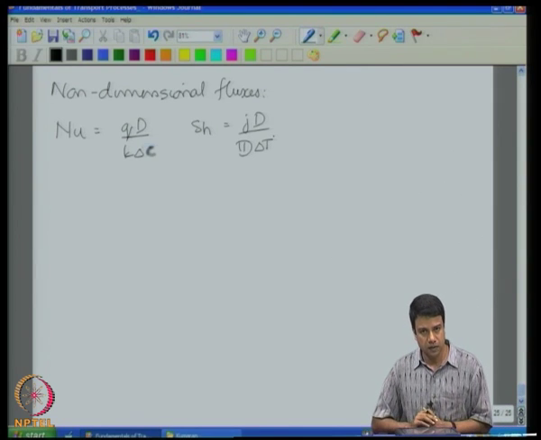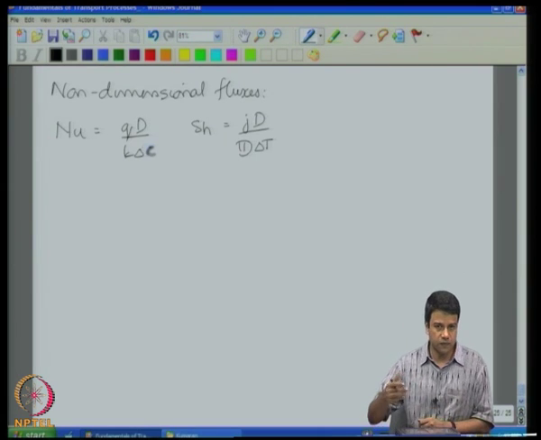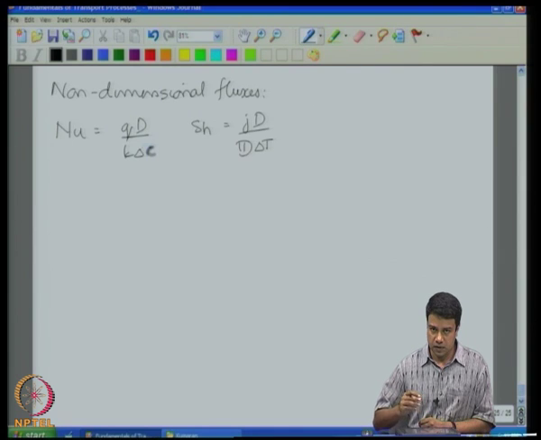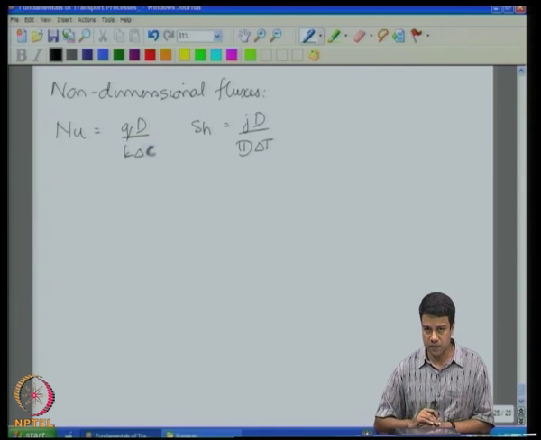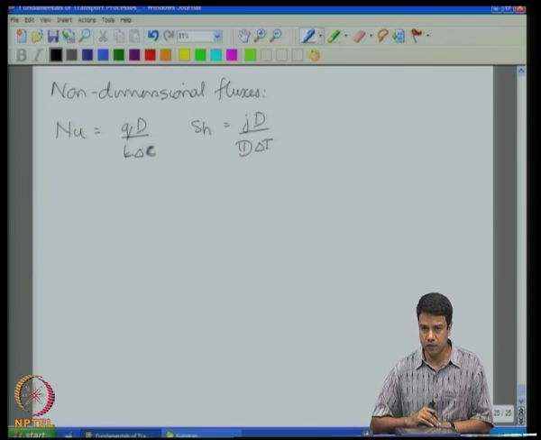So, for heat and mass transfer problems, the Nusselt number and the Sherwood number will be written in terms of the ratio of all other forces: the Reynolds number, the Prandtl number or the Schmidt number as the case may be, and surface tension forces if they are important, gravitational forces if they are important. We will know if surface tension is important if the Weber number or the capillary number is small, and similarly gravity will be important if the Froude number is small.